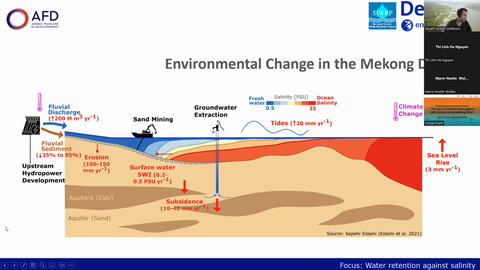At the same time, we have a significant decline in fluvial sediment supply of, let's say, up to 95 percent, which together with sand mining results in riverbed erosion of 10 to 15 centimeters per year over the last 2 decades. That results in significant increasing trends in the tides by another 2 centimeters per year. And together, these all result in increased saline water intrusion trends in the delta.